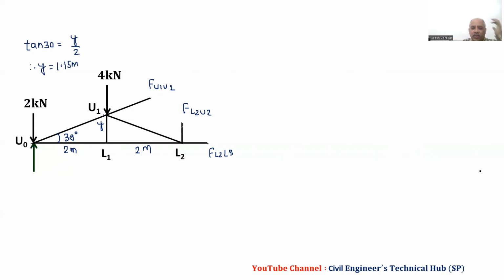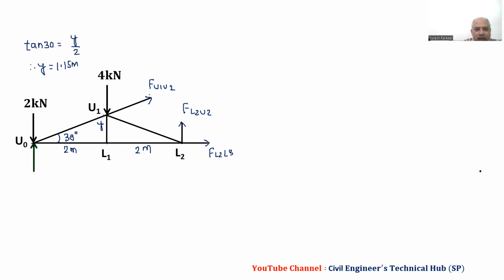Now we will solve this problem. Let us always assume tension in the members. First we have to see if there is any joint through which two members pass. If two members pass, the unknown will be one, and we can take moment about the joint through which two members are passing. Then automatically we get the force in the third member.